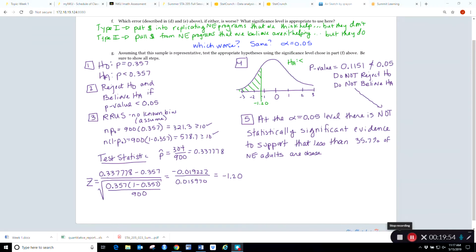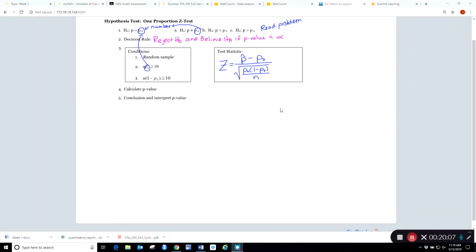A couple things just to make connections here. First, remember that there are 3 options for an alternative hypothesis: a not equal to option, a less than option, and a greater than option.